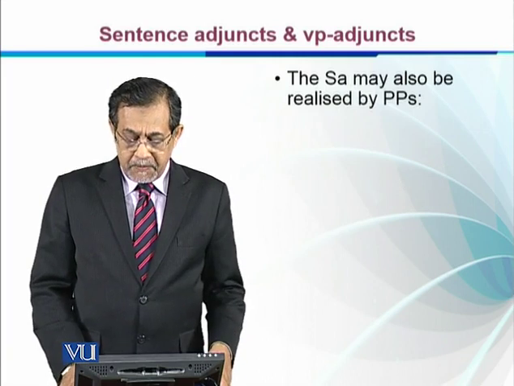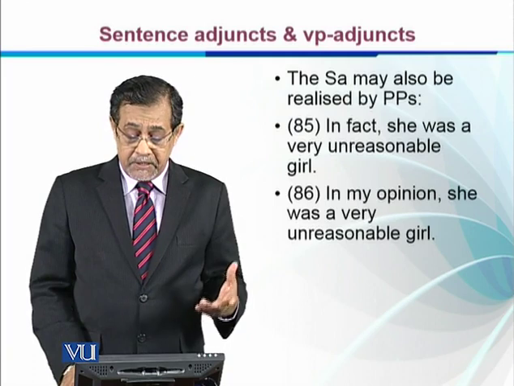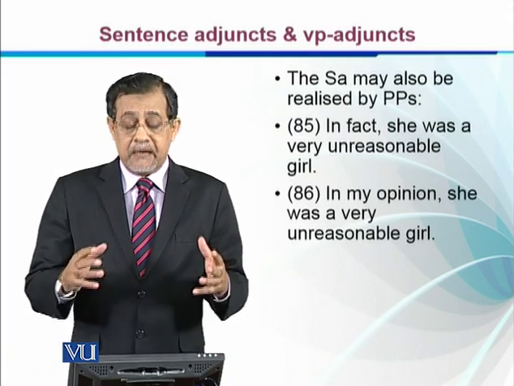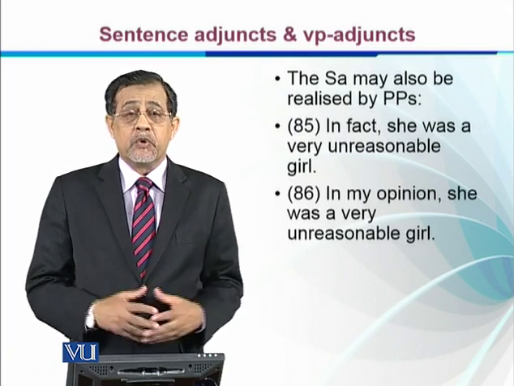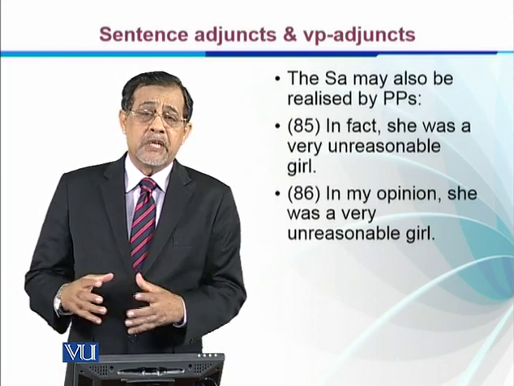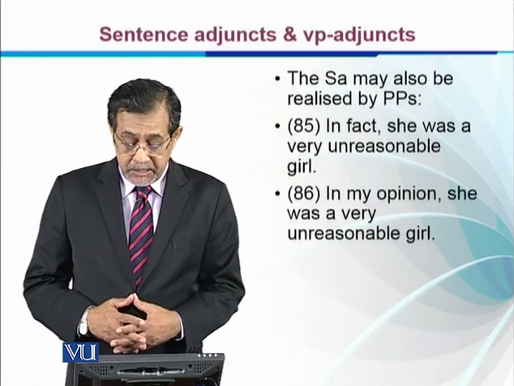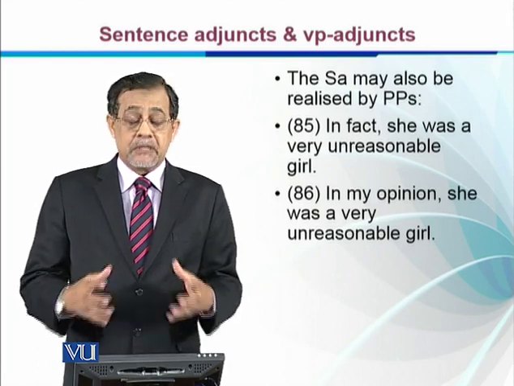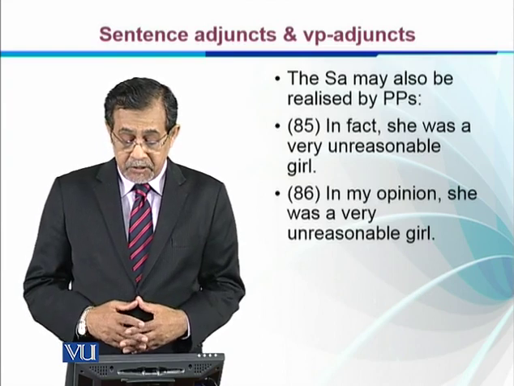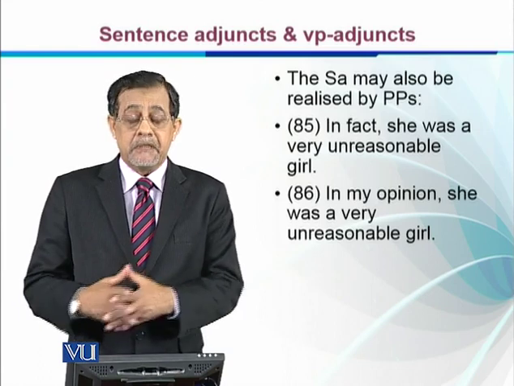The sentence adjunct may also be realized by a prepositional phrase. For example, in fact, she was a very unreasonable girl. Here we have in fact, which is a prepositional phrase. This tells the attitude of the speaker towards the sentence, so it's a sentence adjunct realized by a prepositional phrase. In my opinion, she was a very unreasonable girl.